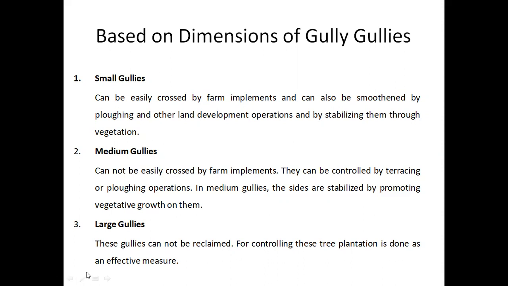In such areas, only tree plantation can be undertaken to restrict further erosion. Further erosion can be restricted by tree plantation and by growing vegetative cover, but these gullies cannot be reclaimed. Only the further erosion rate can be controlled. This is all about the gully classification.